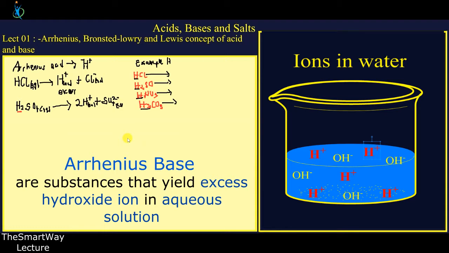In every water that we fetch, there are already some hydrogen ions and hydroxide ions existing. But for an Arrhenius acid to be called an acid, it must give off more of these H+ ions in the water, and for an Arrhenius base to be called a base, it must give off more hydroxide ions in water.